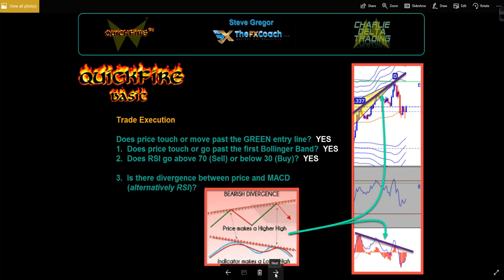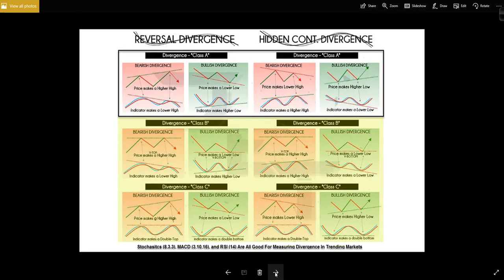I further went on to show a chart of divergence and referenced the traditional reversal divergence versus the hidden continuation divergence, and that divergence is actually divided into 3 classes, and class A is all we needed to see. That's why I shaded out this. I could have cut this out and just given the top part, but I want to make you a complete trader. I want you to know there's more to it, and right now this is all we need. That doesn't mean someday you're not going to want to go down and Google this and visit this stuff. But right now, this is what we need for Charlie Delta and QuickFire.